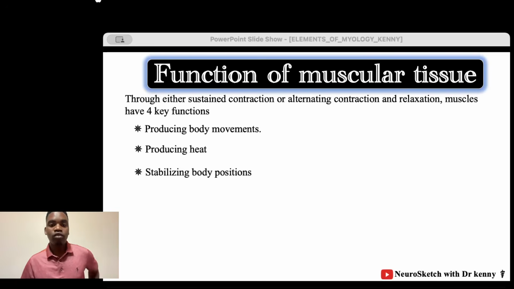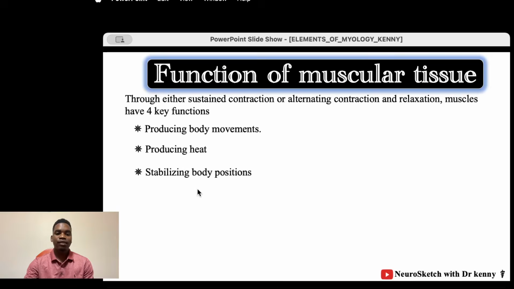The muscles of the back help you maintain your sitting position without even leaning on something. Even standing, we depend on muscles, because the muscles stabilize the joints of the lower limbs, the knee joints and some other joints, to give stable positioning.